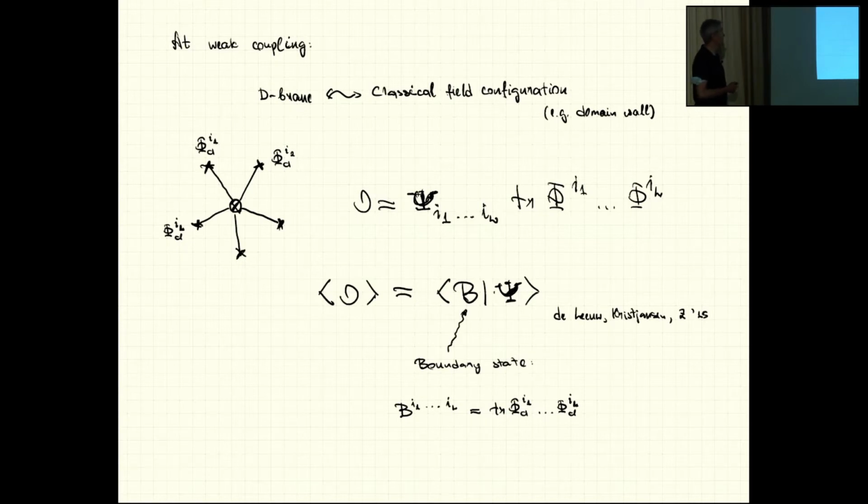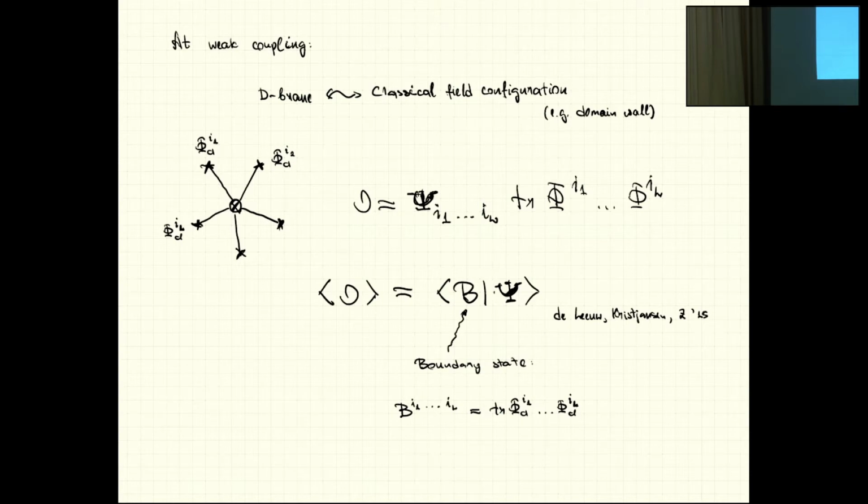So if you have an operator, and let's say we are at very weak coupling, at zero coupling, to the leading order we can just substitute this classical solution in the operator, and that would give the leading order of the correlation function.